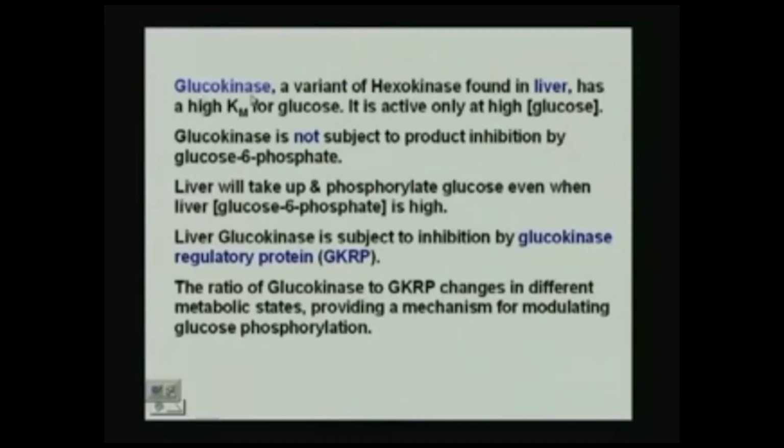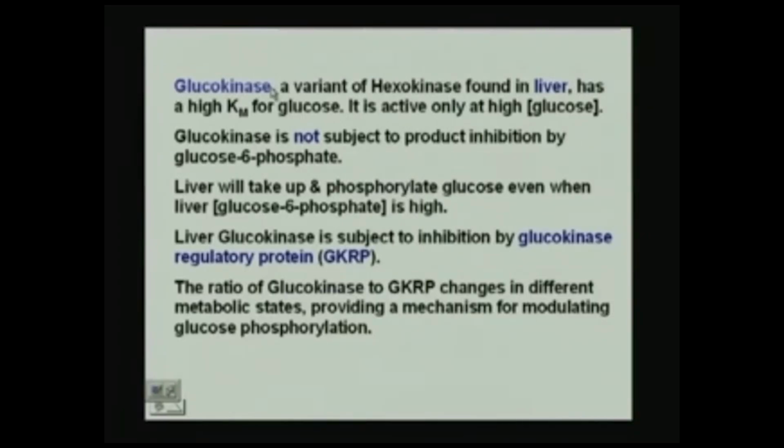Now, glucokinase, which is a variant of hexokinase, is found in the liver. This has a high Km value. All of you know what the Km value is now, the Michaelis-Menten constant for glucose, and it is active only at high glucose concentrations. So the glucokinase acts at high glucose concentrations.